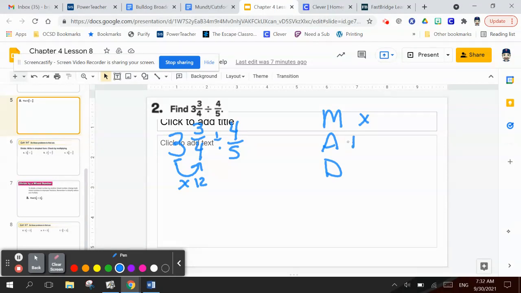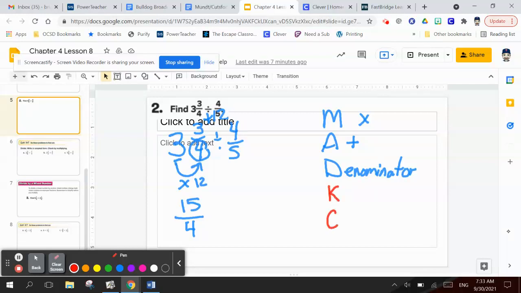I'm going to add that to the numerator. So 3 plus 12 is 15. Denominator, it stays the same. So 4 is my denominator here. 4 is my denominator here. So there we changed our mixed number to an improper fraction.